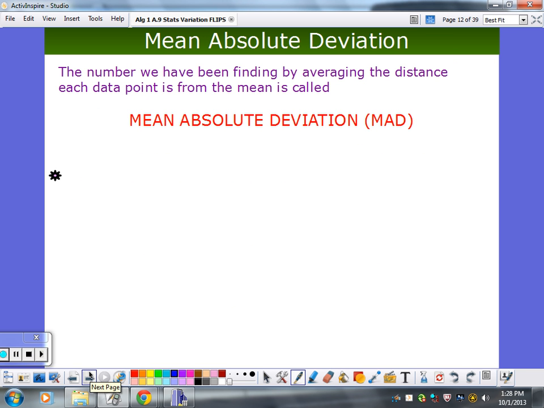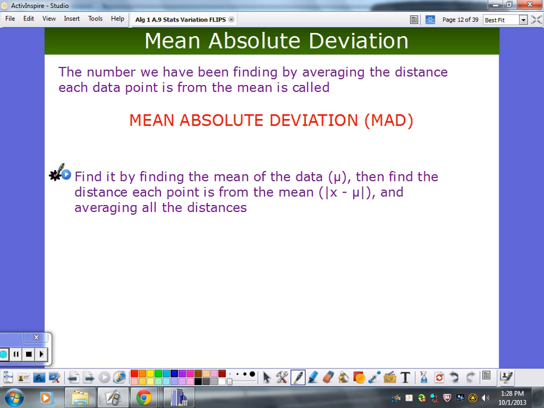This average distance from the mean that we've been finding is called mean absolute deviation, and we abbreviate it to MAD. I like the name because it really tells you how to find it. We find it by finding the mean of the absolute value of the deviations.